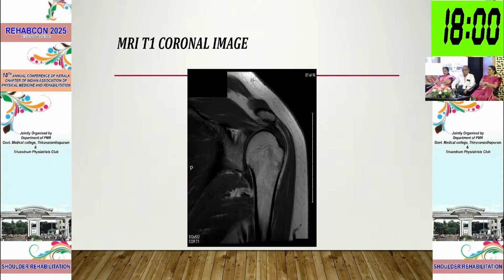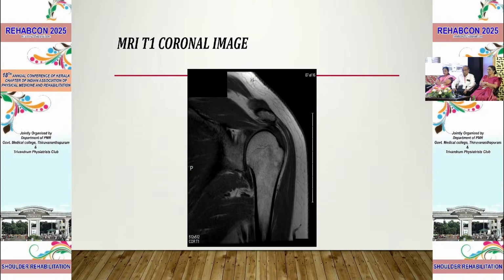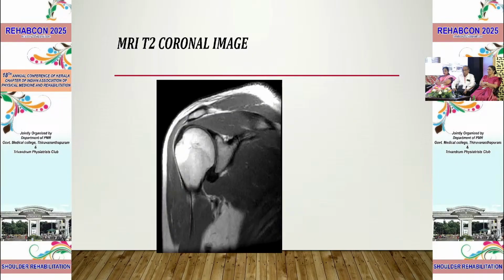And then this is a coronal image of a T1. Bony anatomy is better seen. You can see the cortex and also the bright marrow which contains the fat. Now fats are all hyperintense in T1, so bony detail is better seen, while in case of a T2, here the marrow is better seen.